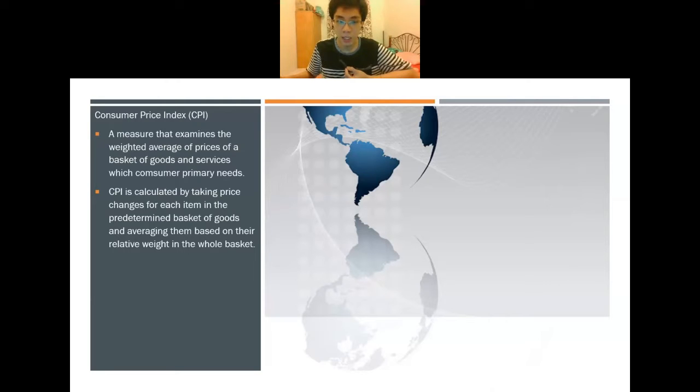CPI is calculated by taking the price change for each item in the predetermined basket of goods and averaging them based on their relative weight in the whole basket. The change in CPI is used to assess price change associated with the cost of living.